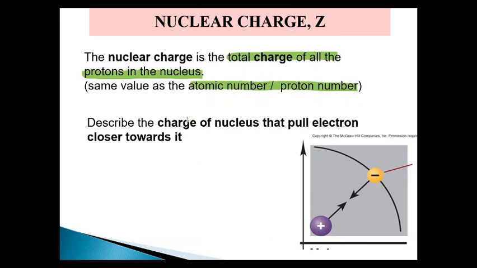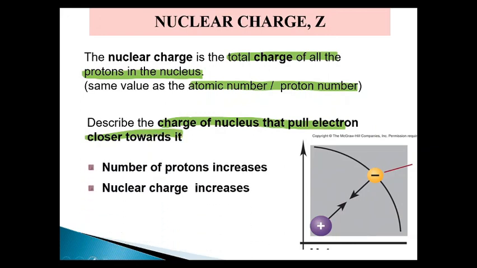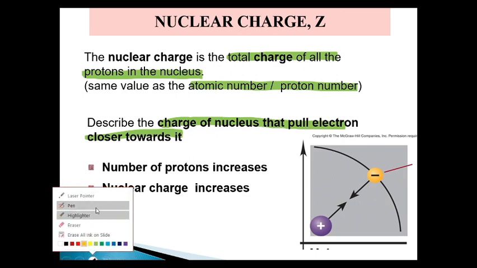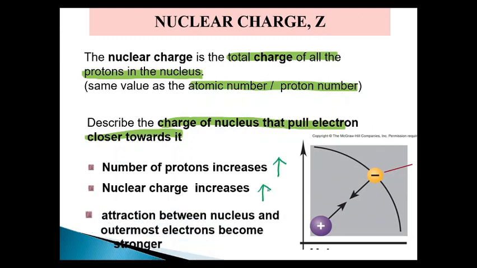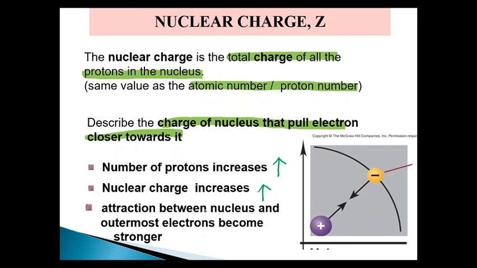It describes the charge of the nucleus that pulls electrons closer towards it. The trend would be when the number of protons increases, nuclear charge also increases, and that will result in a stronger attraction between nucleus and outermost electron.